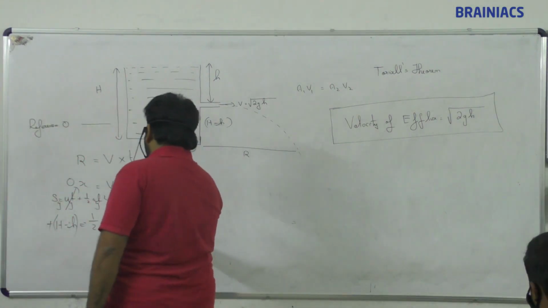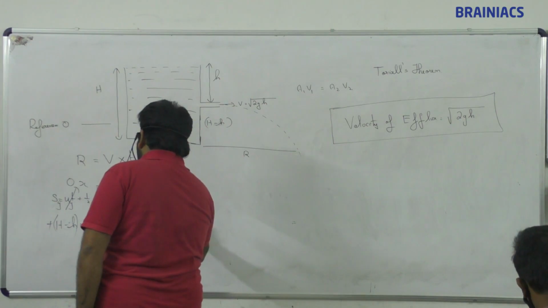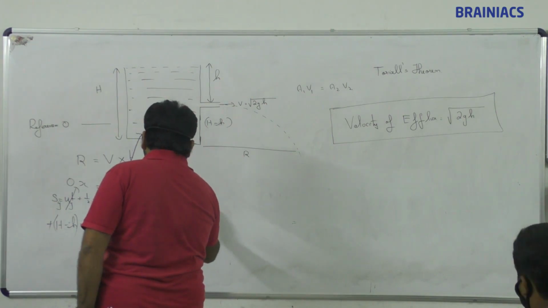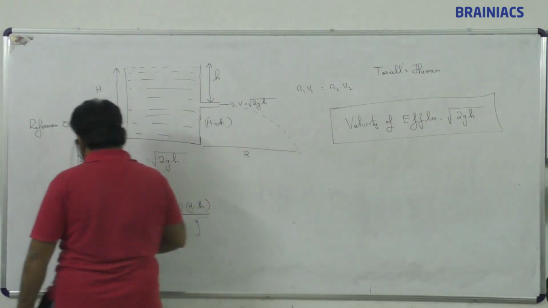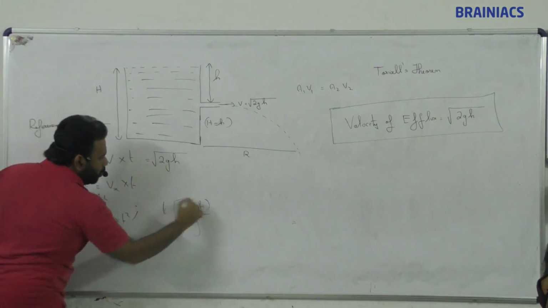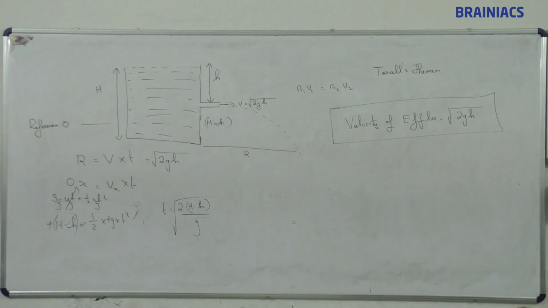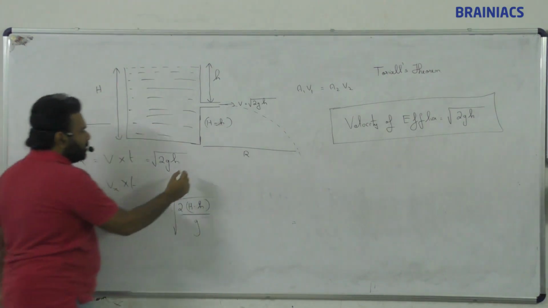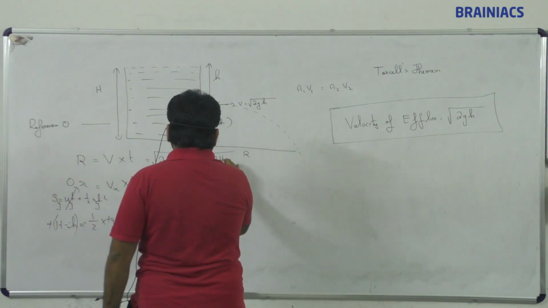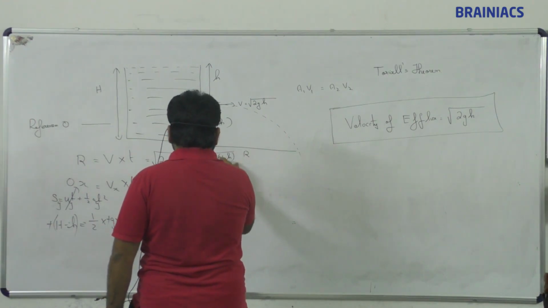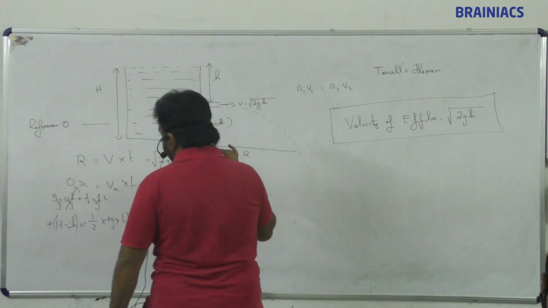T is equal to root of 2 into H minus h divided by g. Correct or what? With the root too. Okay, clear? So if I substitute, this is going to be root of 2 into H minus h divided by g.